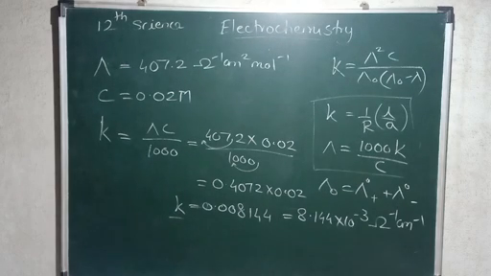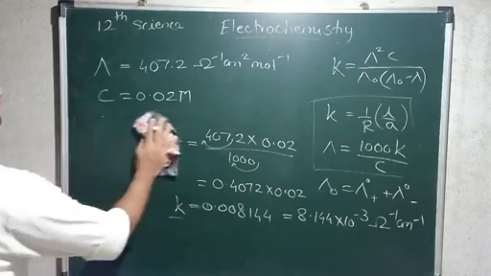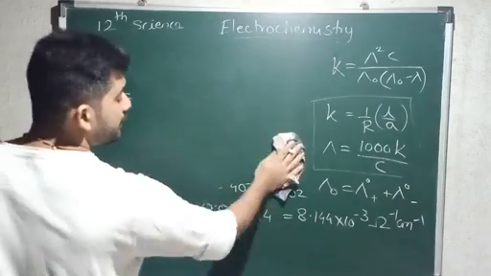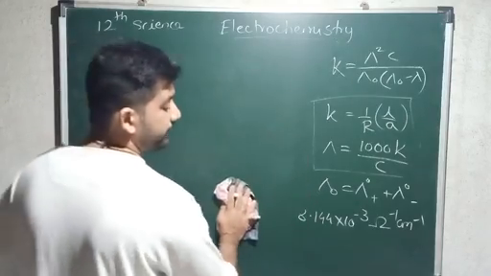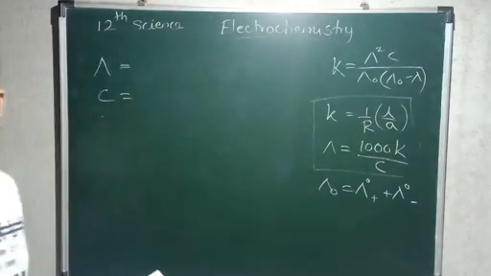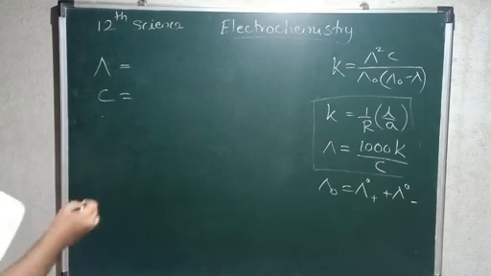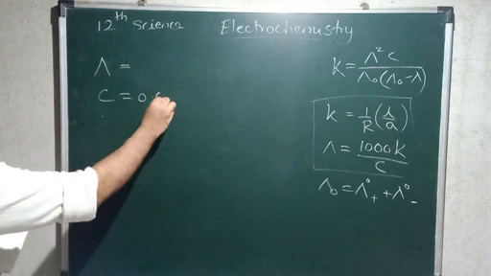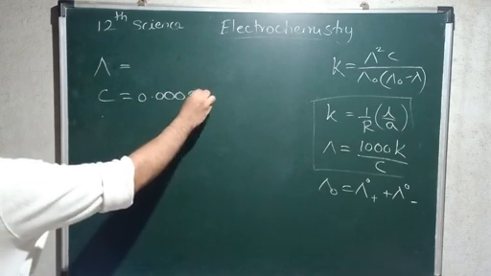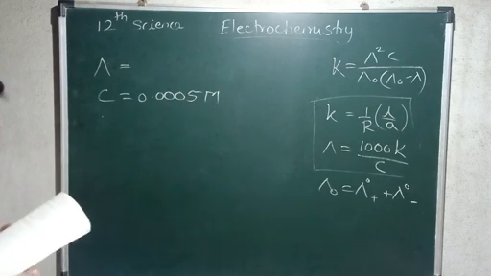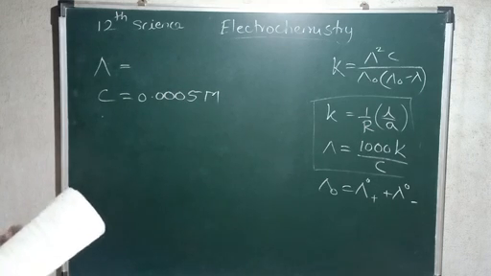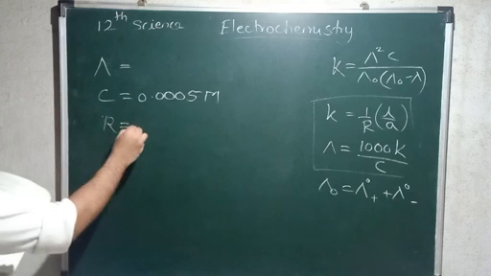First we will write down what is given to us. Concentration is given, 0.0005 molar of NaCl. Resistance is given, R is 13710 ohms.